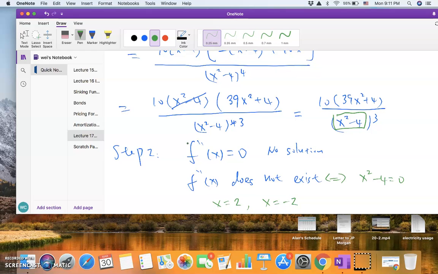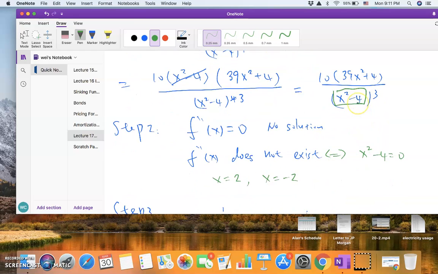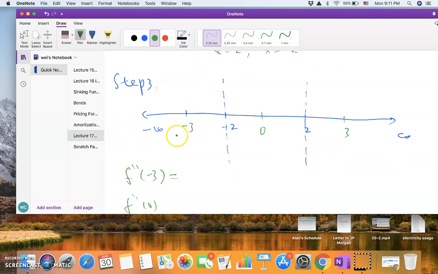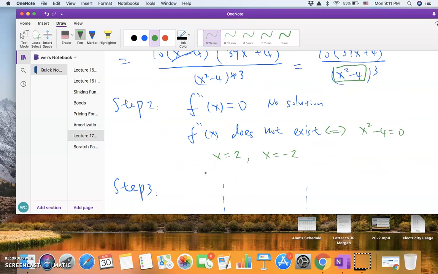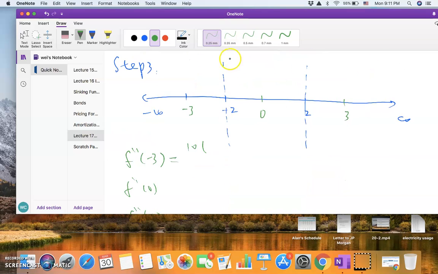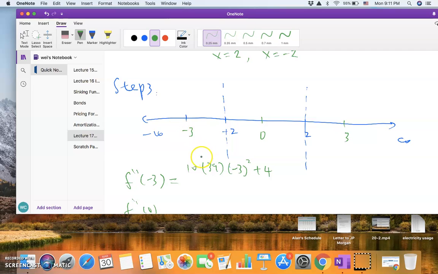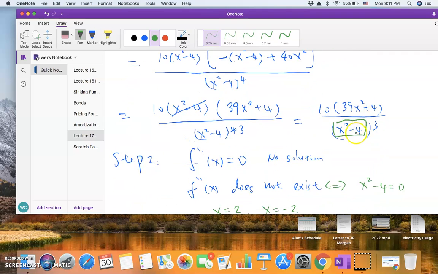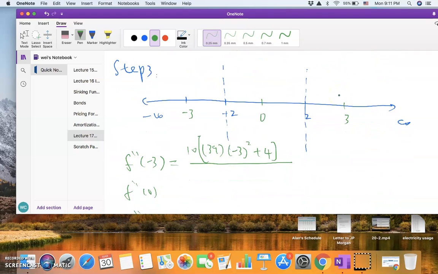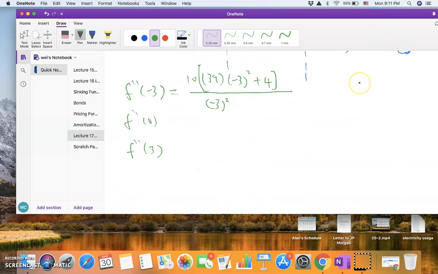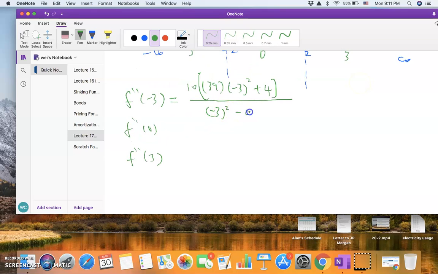Now when x is negative 3, so this is going to be 10 times 39 times negative 3 squared plus 4, over negative 3 squared minus 4 raised to the power of 3.